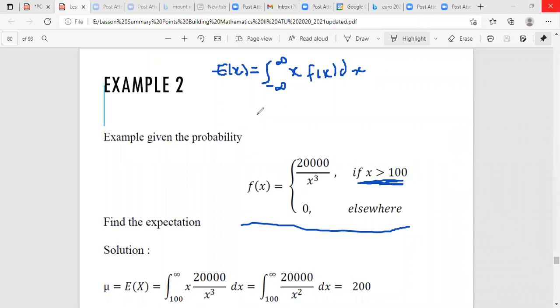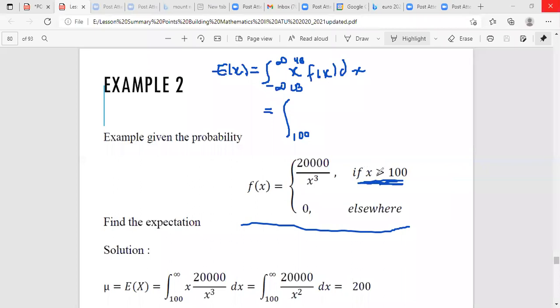Now, let's put in the values and see what we mean by that. Negative infinity is the lower bound, or the smallest value in the domain, and this is the upper bound, or the largest value of the domain of x. Given the domain, x should be greater than 100, so the smallest value will be 100 here.